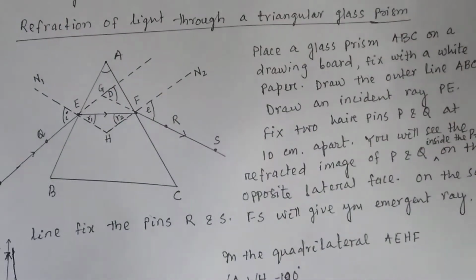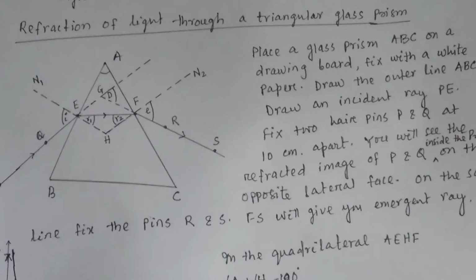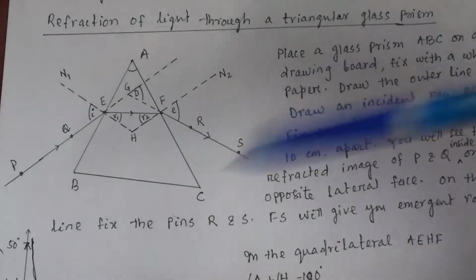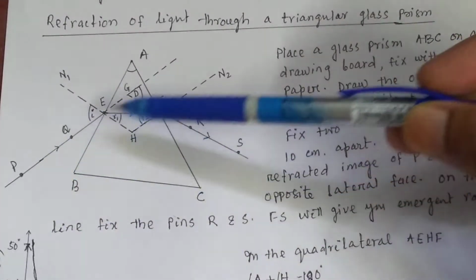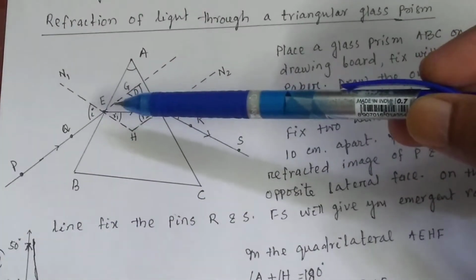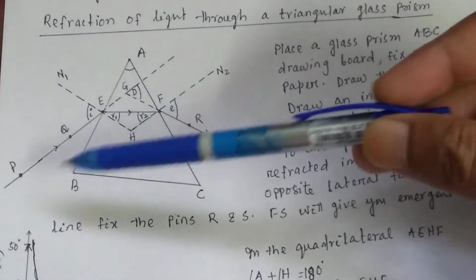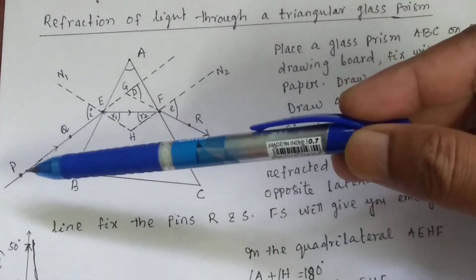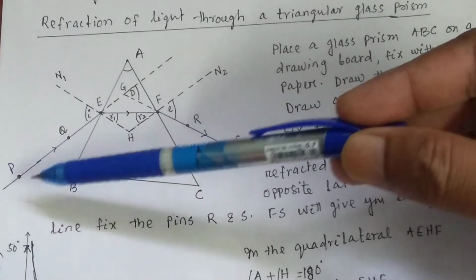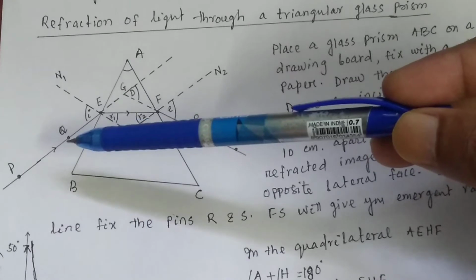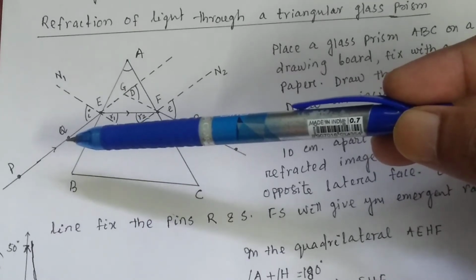After drawing the outer line, you draw an incident ray. PE is the incident ray. Then you fix two hairpins, P and Q, on the incident ray at a minimum of 10 cm apart.